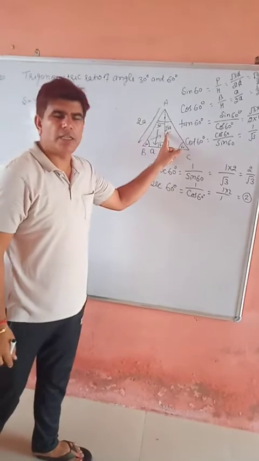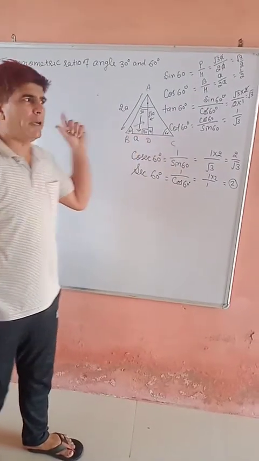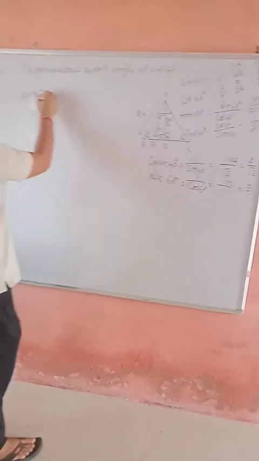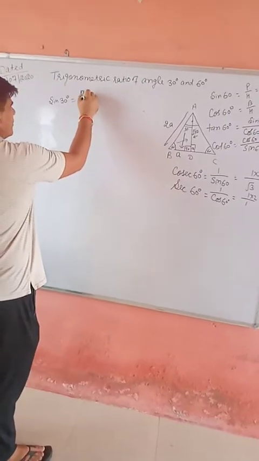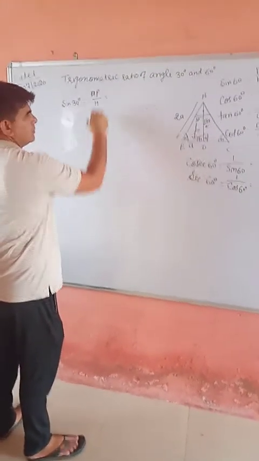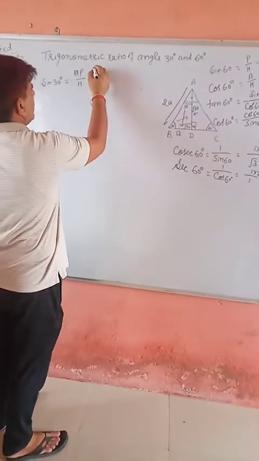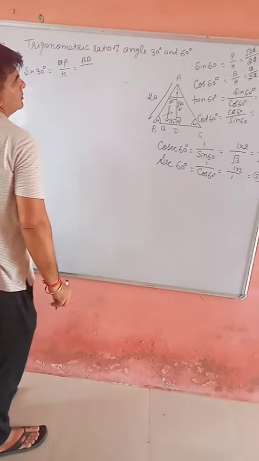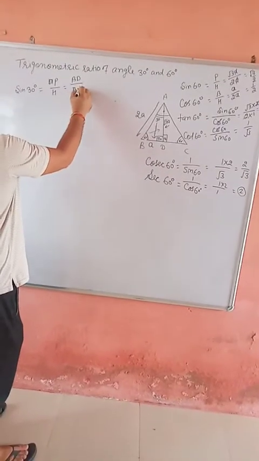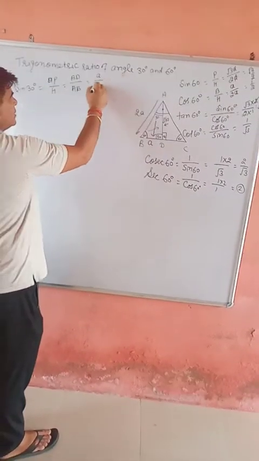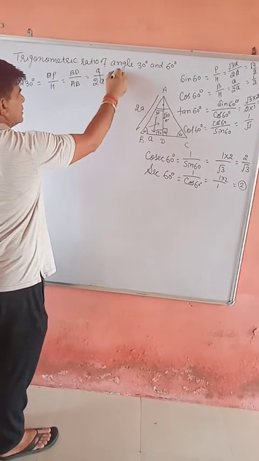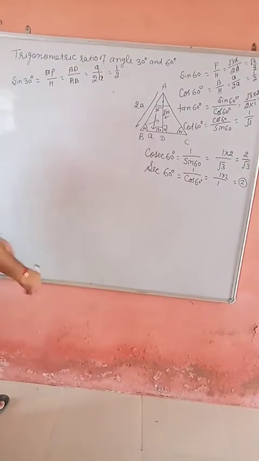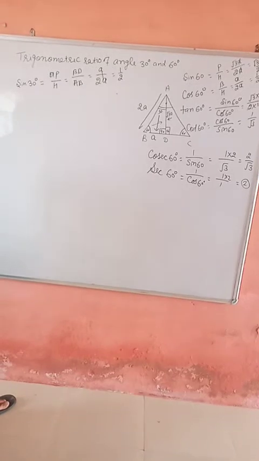This is the base. And you know sine is perpendicular by hypotenuse. Perpendicular is what? BD. BD by what? AB. BD is A and AB is 2A. This cancels this, so 1 by 2. Understood?